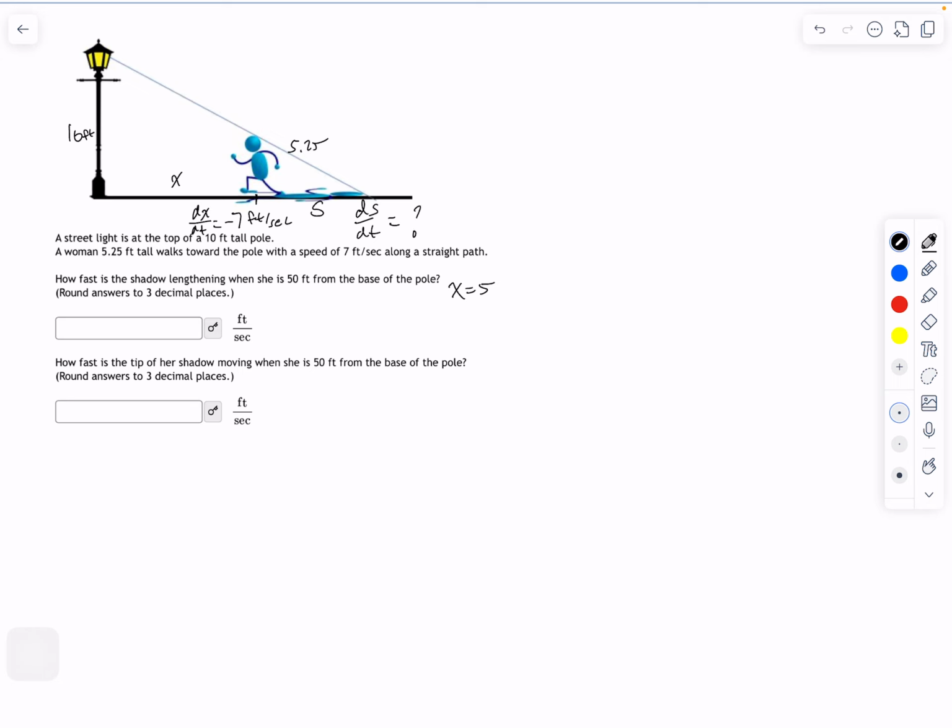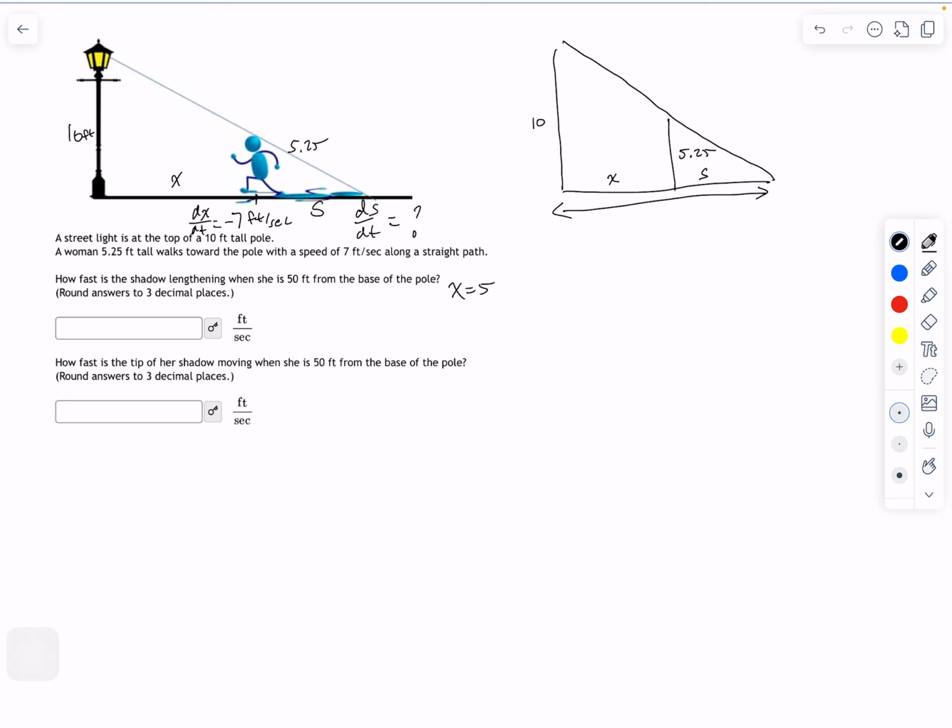For these problems, the idea is two triangles, a small triangle and a large triangle, with some constant values. We know the lamp post is 10 feet and she's 5.25 feet. We're going to call this x and s. So we have a small triangle and a large triangle, right?